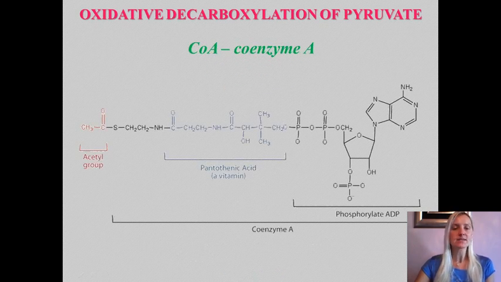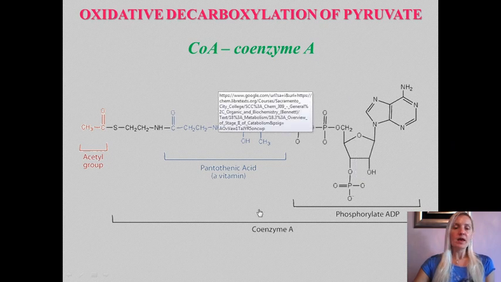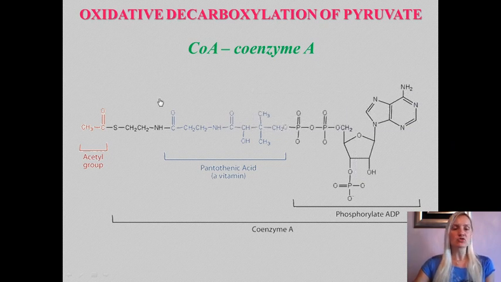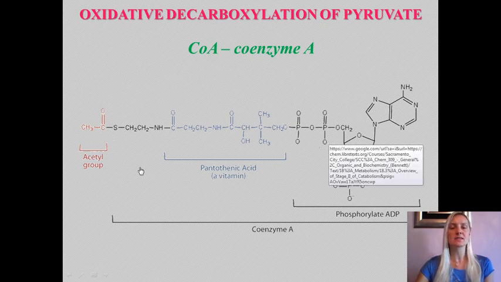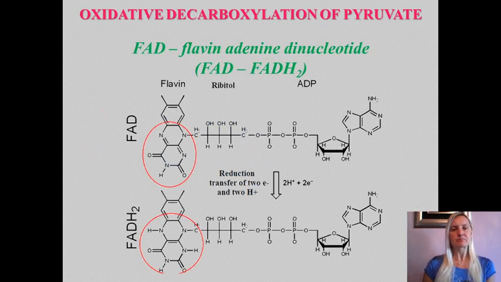Then we have coenzyme A with its rather complex structure, as you can see, including ADP and pantothenic acid, and of course the capability to form thioester bonds, which are high energy bonds, and this is the structure of acetyl coenzyme A, which is one of the most famous forms of coenzyme A, activated coenzyme A.